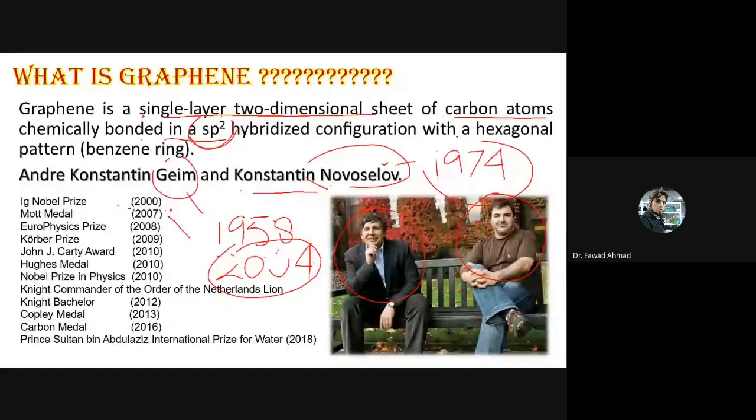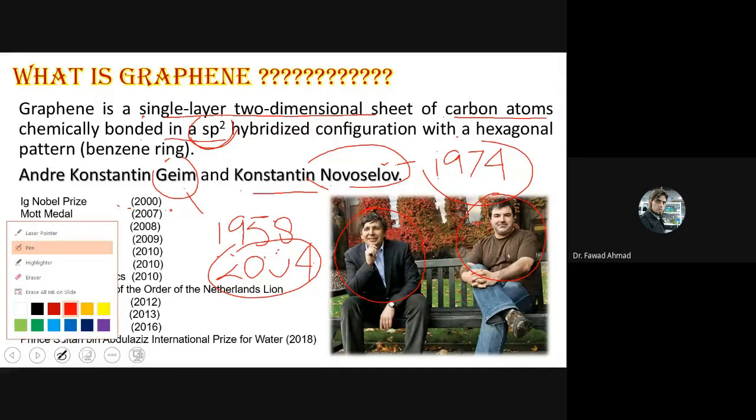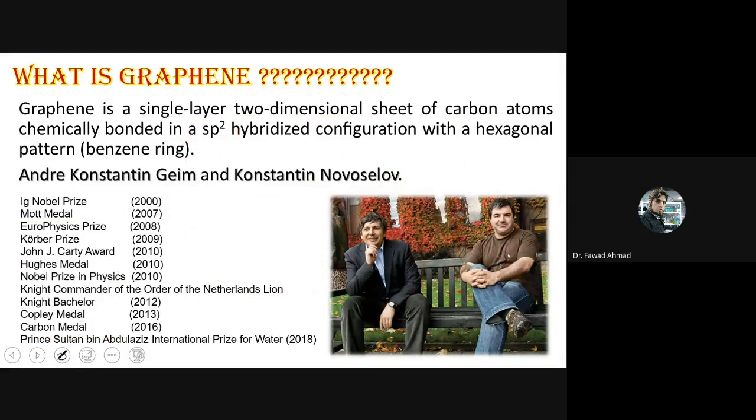The Nobel Award was given to these two scientists in 2010 as acknowledgement for the discovery of the highly potential material graphene. This scientist, Professor Jim, was also awarded the Prince Sultan bin Abdulaziz International Prize for Water. So he has a lot of achievements.